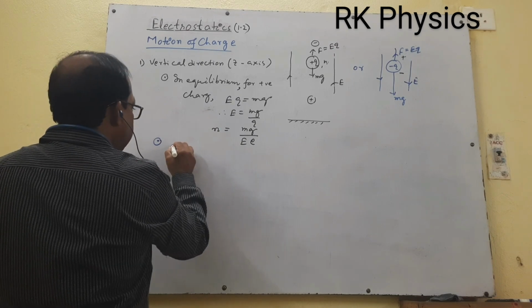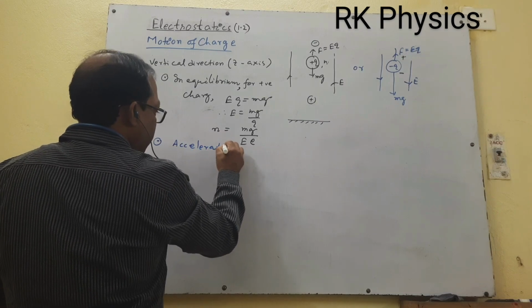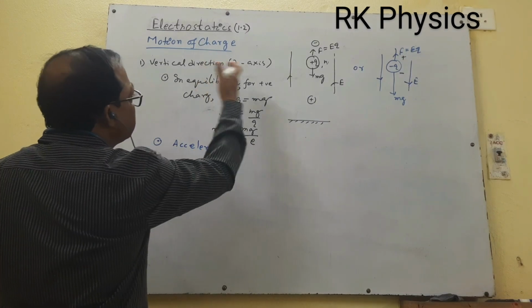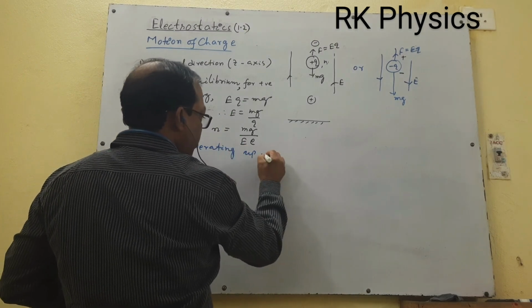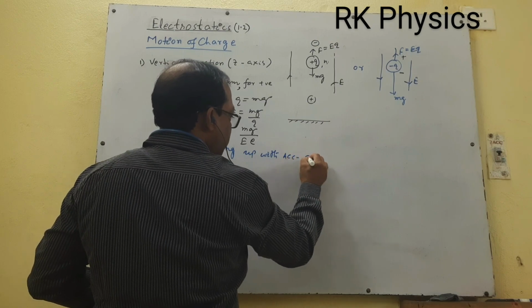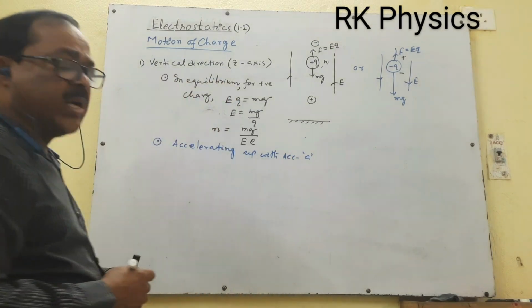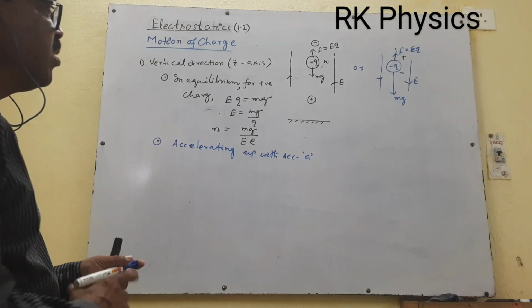Suppose the charge is accelerating along the same z axis. Accelerating up with acceleration, suppose a. Then what is the value of a? Or a depends upon which physical quantity?